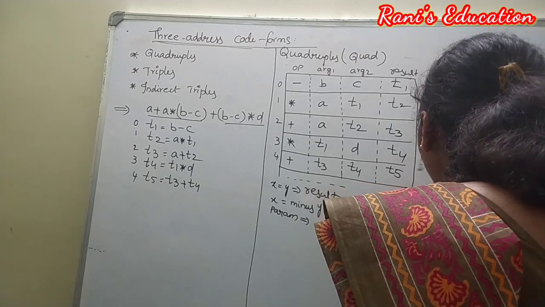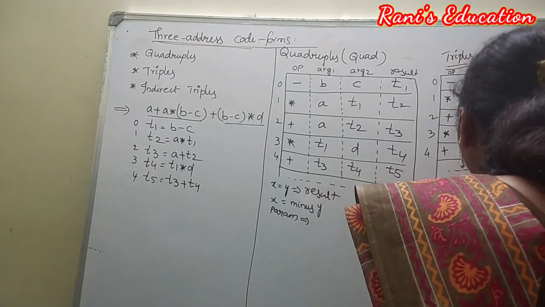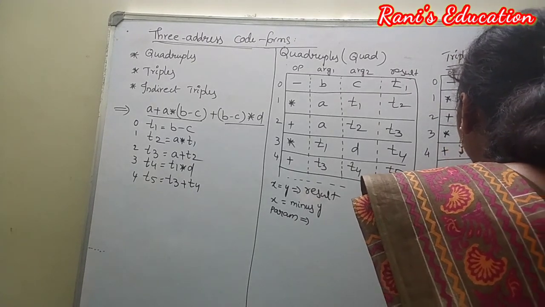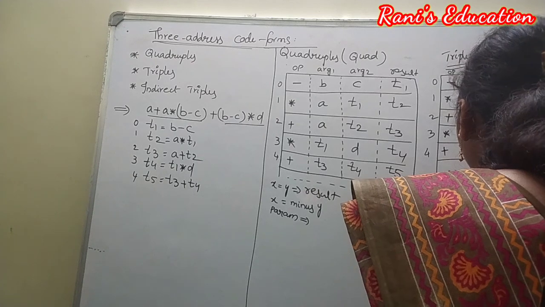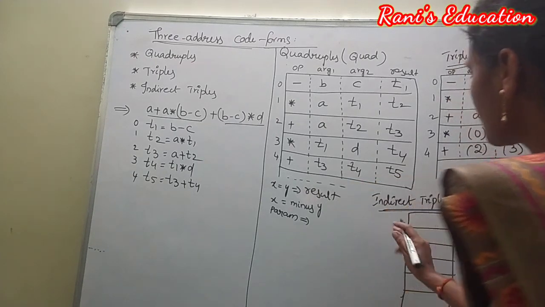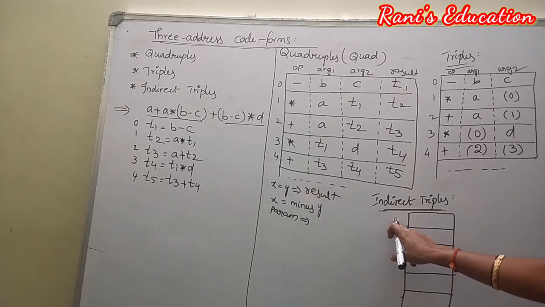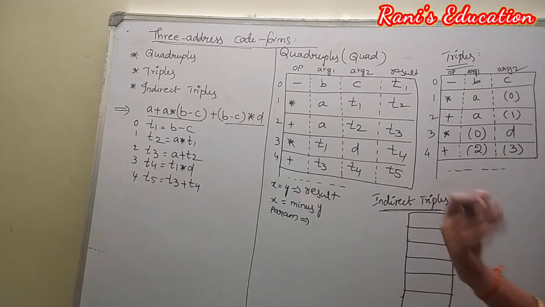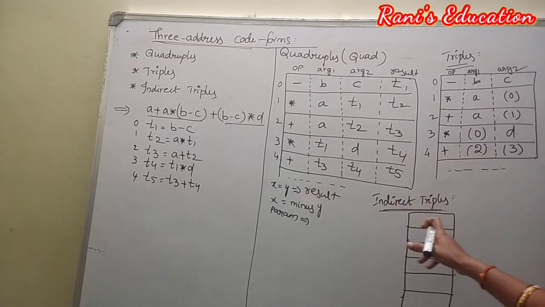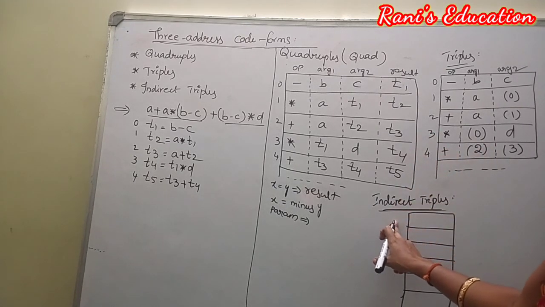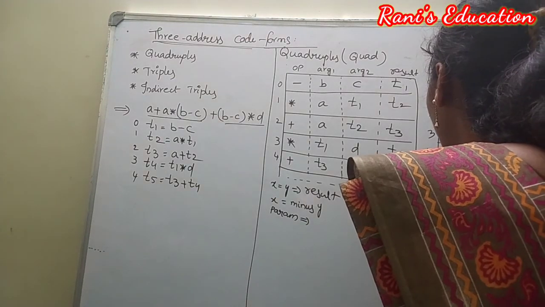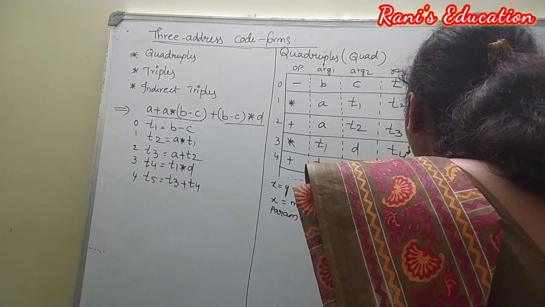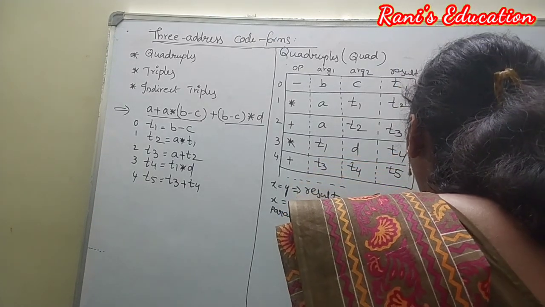This is very simple. Generally we take pointer values from 30 onwards or 20 onwards. It's our wish. We just need to differentiate between position numbers and these pointers. Let us assume I am going to consider 21, 22, 23, 24 and 25.